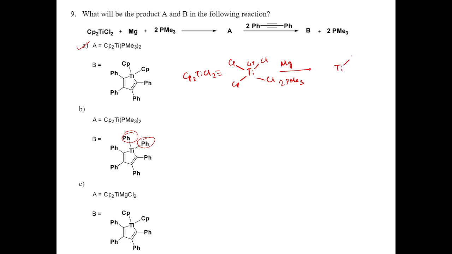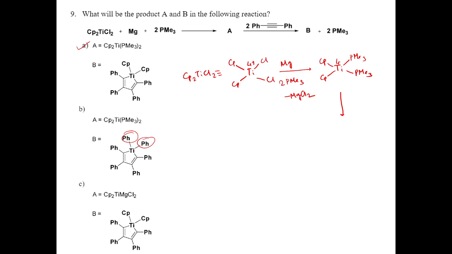So it will form this thing, and what will come out? MgCl2, right? And it will act as the active catalyst for this reaction. After that, the 2 PMe3 will go out.